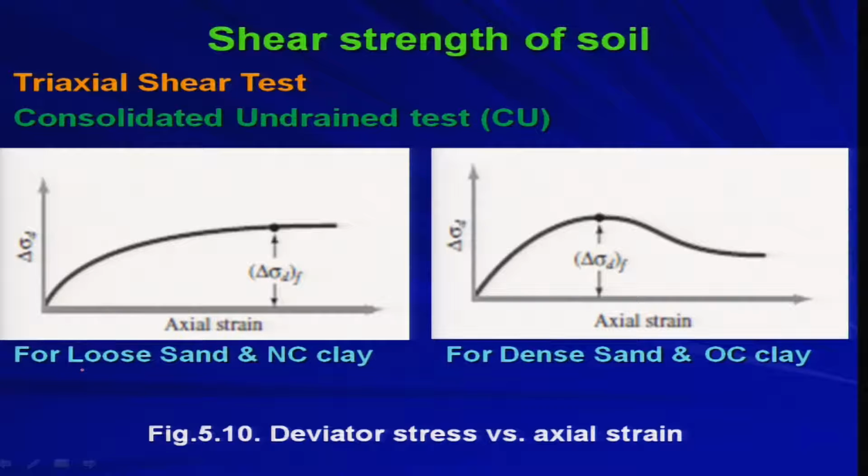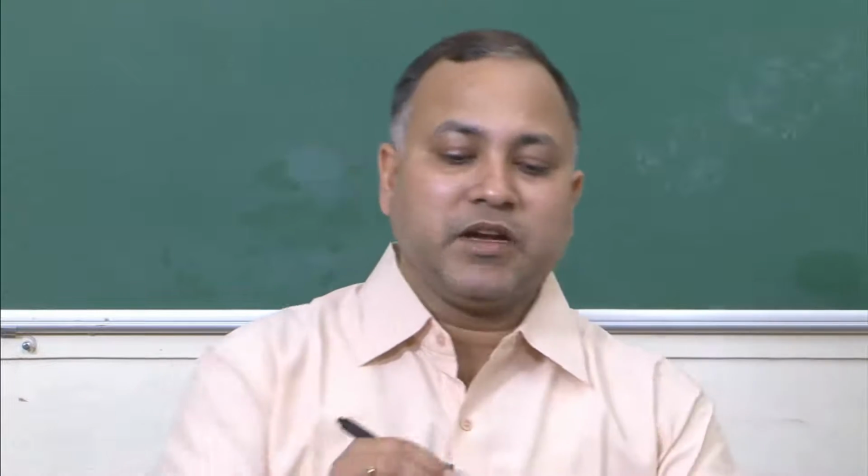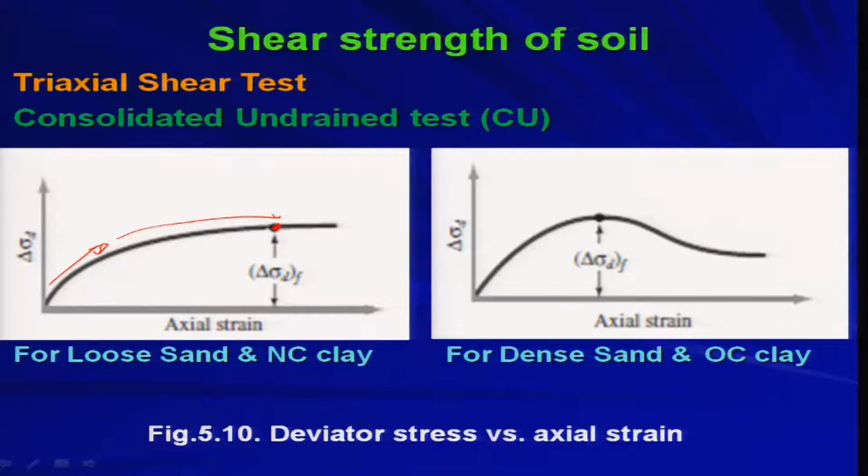In case of loose sand and normally consolidated clay, as you increase your deviatoric stress, your axial strain will also increase, and ultimately you will get a point here which defines the failure, right. After that you will get almost constant deviatoric stress. That means the strain will go on increasing, but there will be no increase in deviatoric stress.